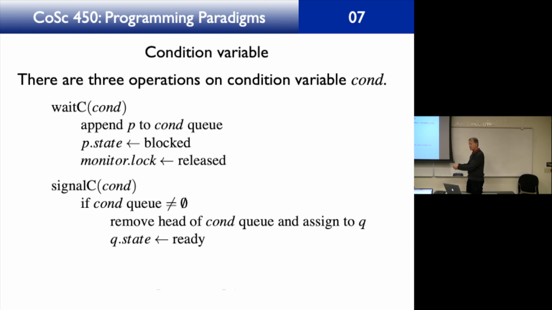So when you signal, whoever's first in line in that queue is put in the ready state, so then it can run.